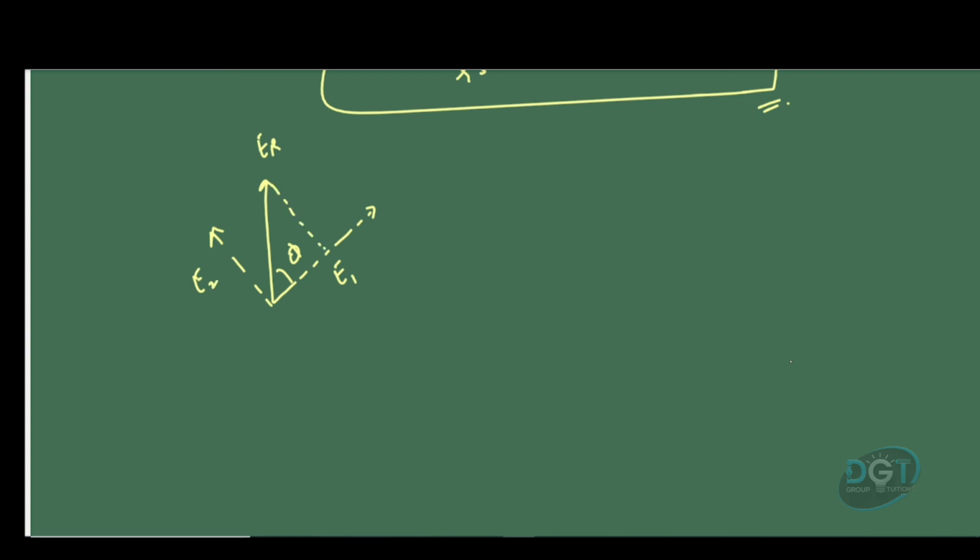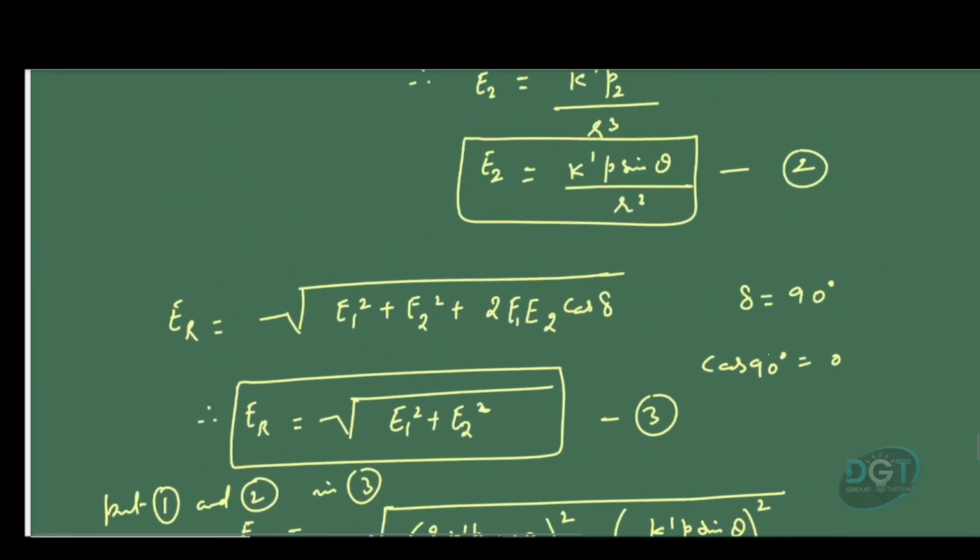So if we draw a right angle triangle over here, we can say this represents E2, and if we take tan of phi, tan of phi would be opposite by adjacent, so it would be E2 by E1. And from the previous expressions, equation 1 and 2, E2 and E1 we can replace.